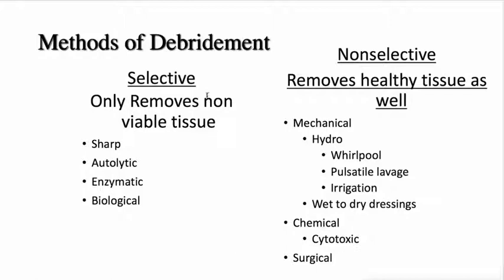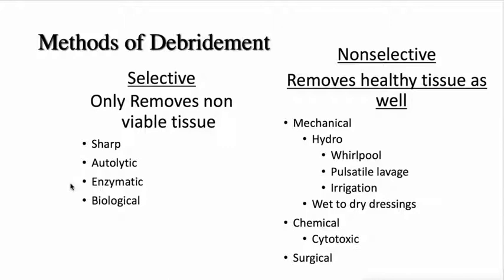Methods of debridement: there's selective debridement to remove only non-viable tissue. So that would be sharp, autolytic, enzymatic, or biological. Non-selective is going to remove healthy tissue as well. So we have to be careful of those things.